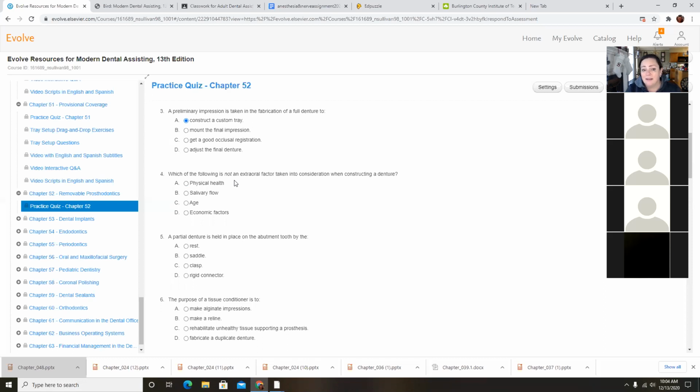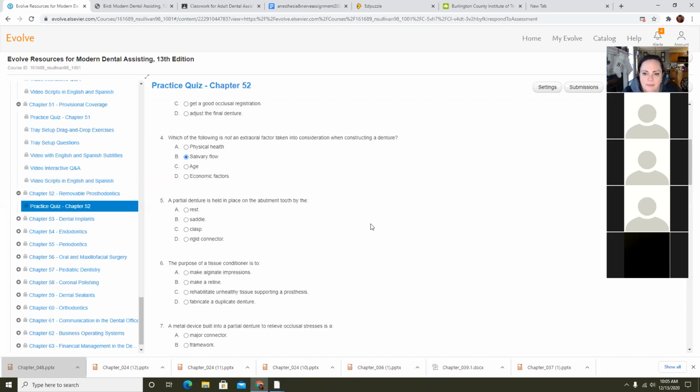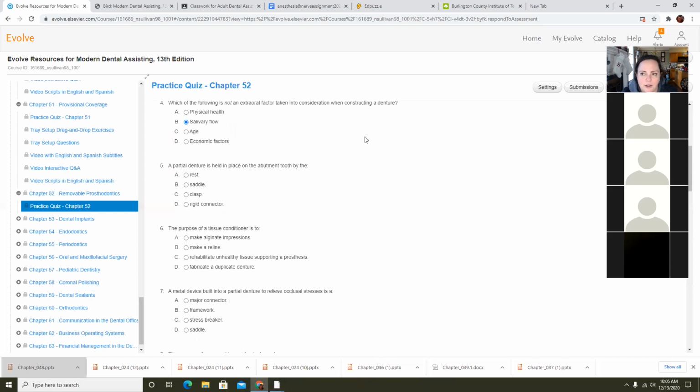Would it be salivary flow? I would be stuck at this point between B and D because I'm not sure that economic factors is, well, let's try salivary flow. I might say economic factors because it says when constructing a denture.